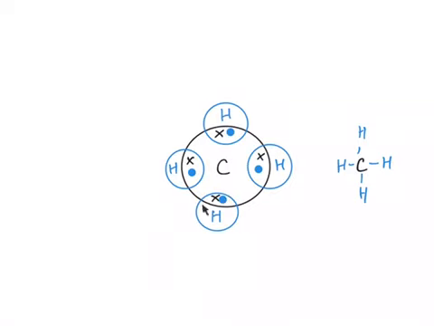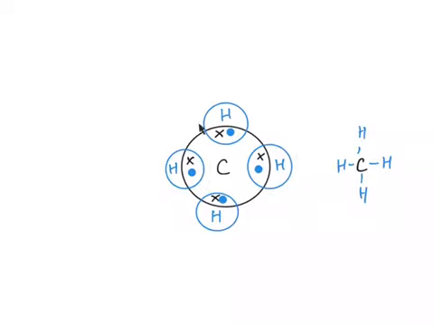This bit here shows that the electron from carbon, the black X, is shared with the hydrogen because it's in the overlap, and this blue dot is the electron from hydrogen that it's sharing with carbon. And you represent this bit here with that straight line.